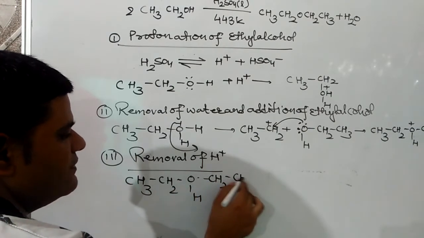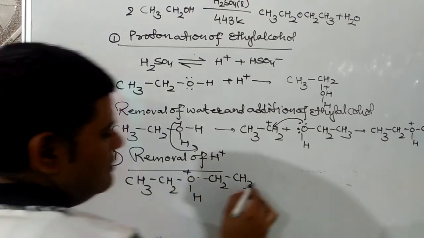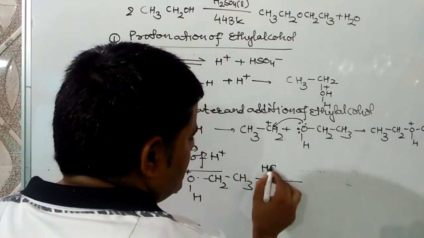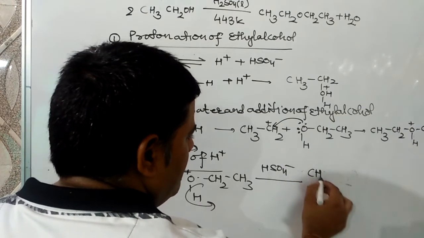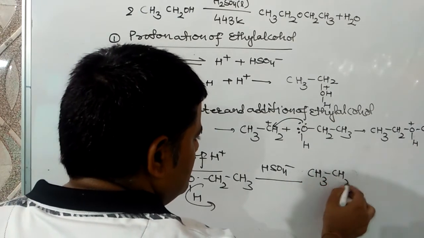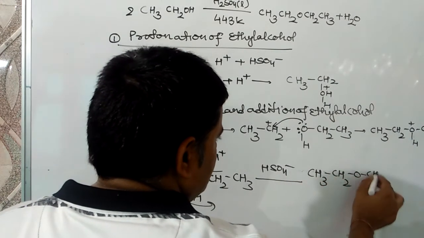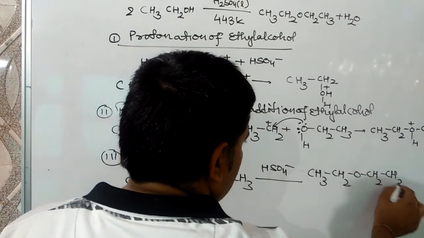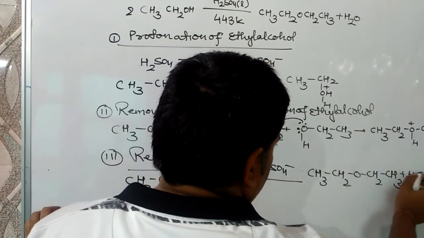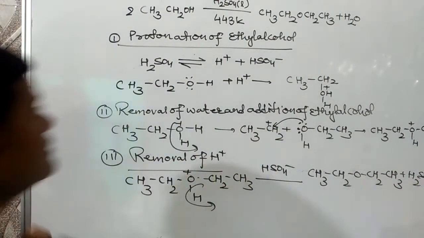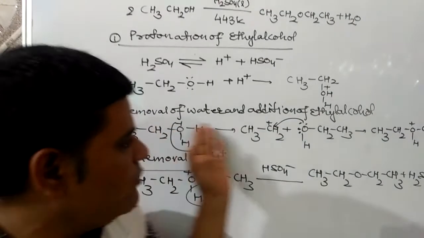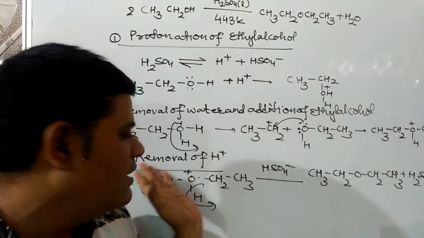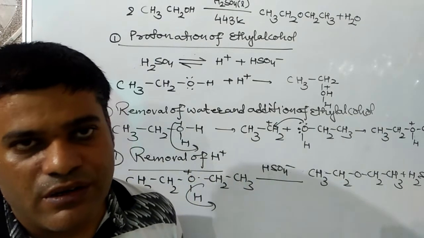The protonated ether reacts with HSO4 negative ion, due to which H positive is removed, and the product formed is ethoxyethane plus H2SO4. The mechanism takes place in 3 steps. The first is protonation of ethyl alcohol. The second is removal of water and addition of ethyl alcohol. And the third is removal of proton.